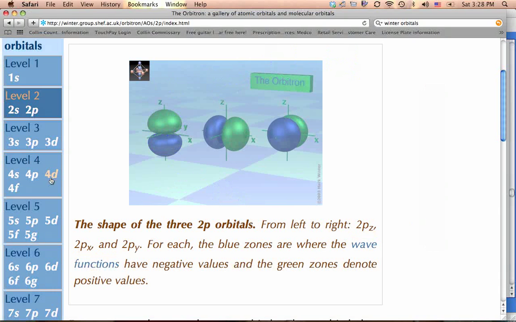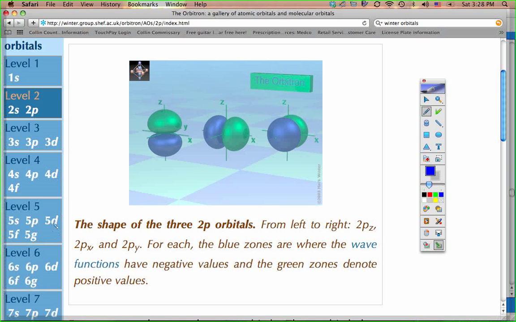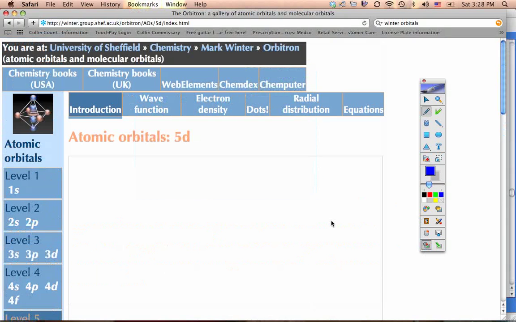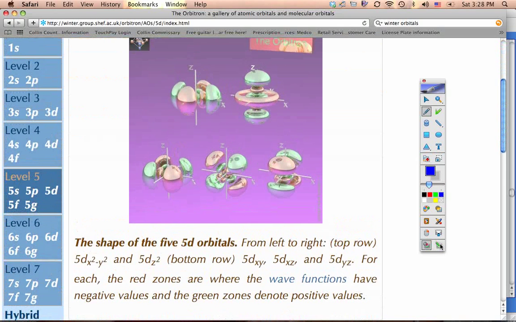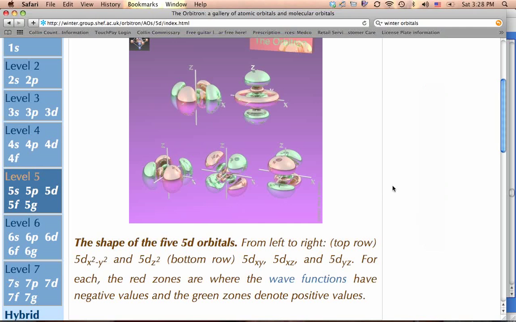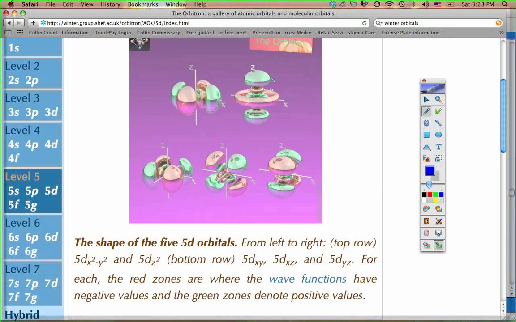Now as we move up, again, let's take a look. We would see, let's say, 4D. Or 5D. Now, this is cool to me. I love these. This looks like some sort of space houses like you'd see on the Jetsons. Now, D is a little bit unique. If you look in here, it resembles a clover leaf type of shape.